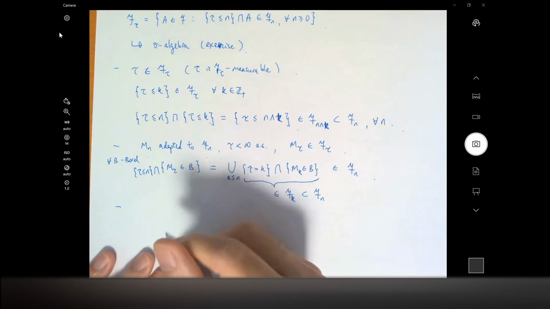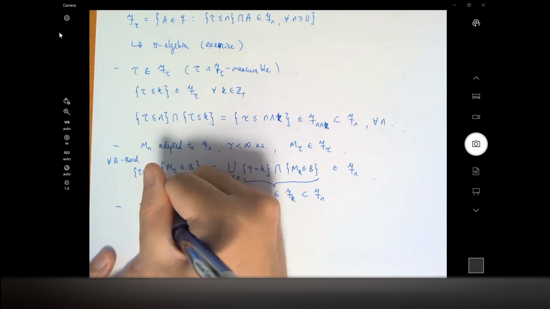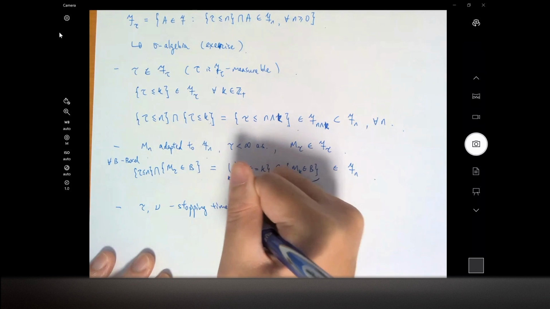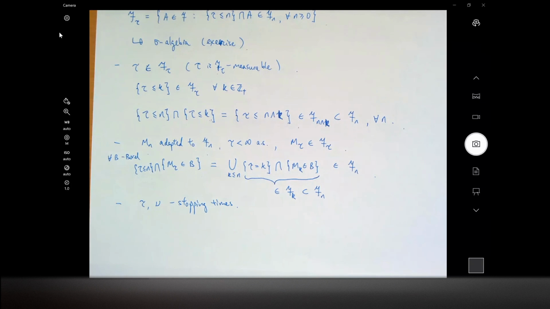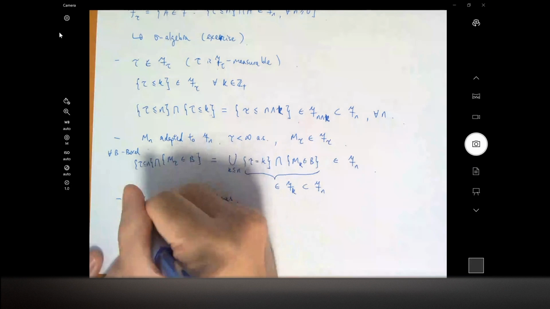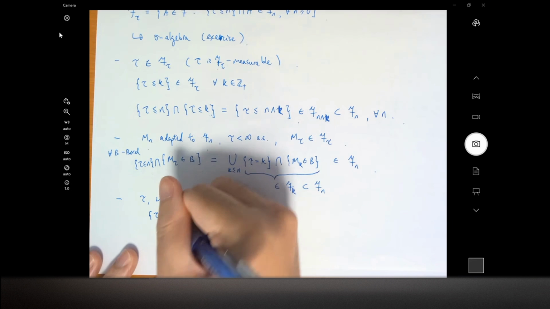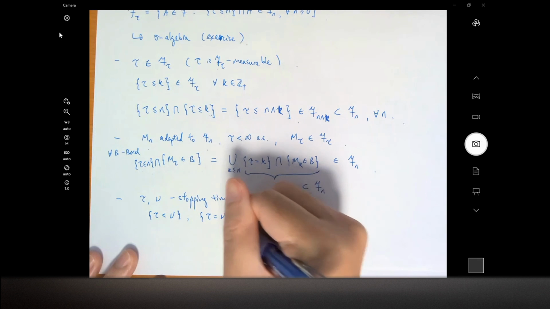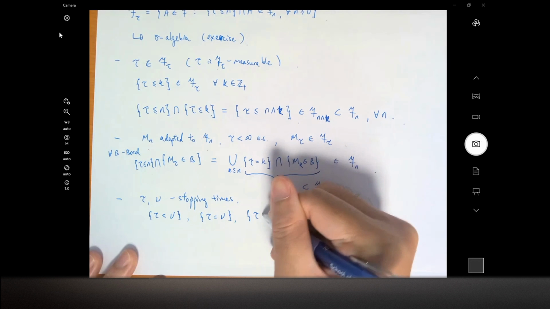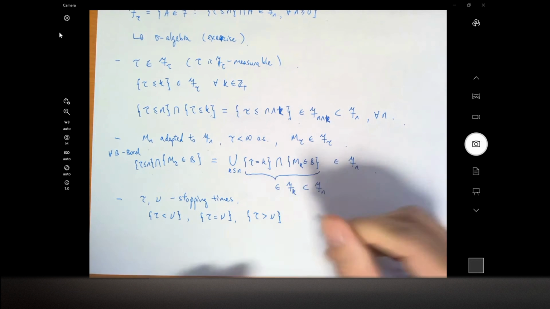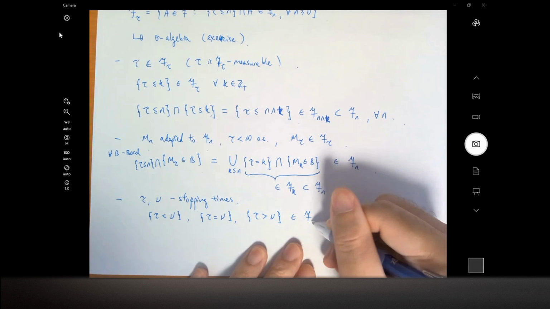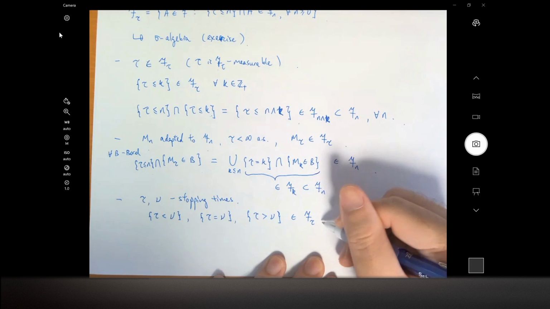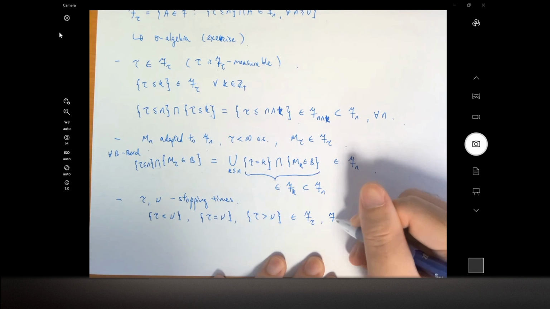Okay, so now if I give you two different stopping times, tau and nu, both of these are stopping times. So it turns out that all these events, tau less than nu, tau equals nu, tau bigger than nu, are all inside F tau, as well as inside F nu.